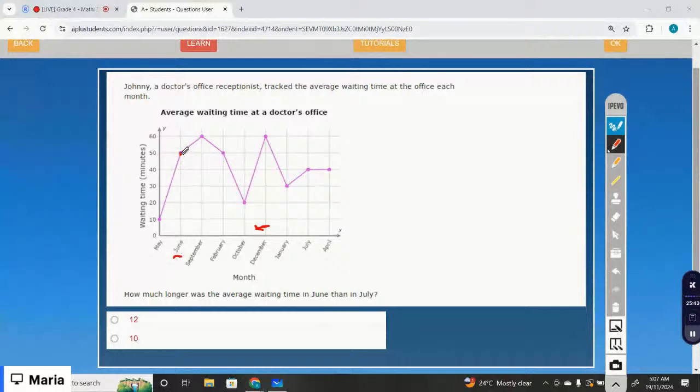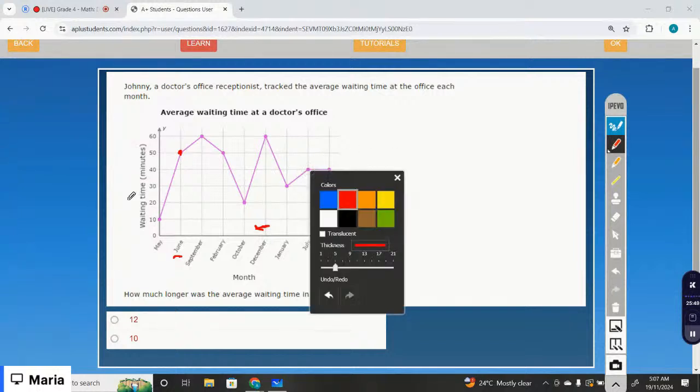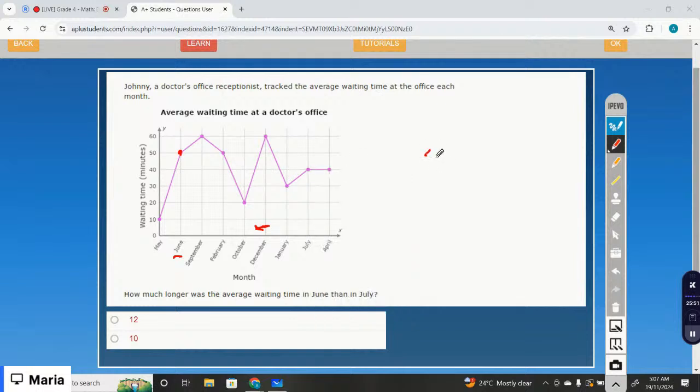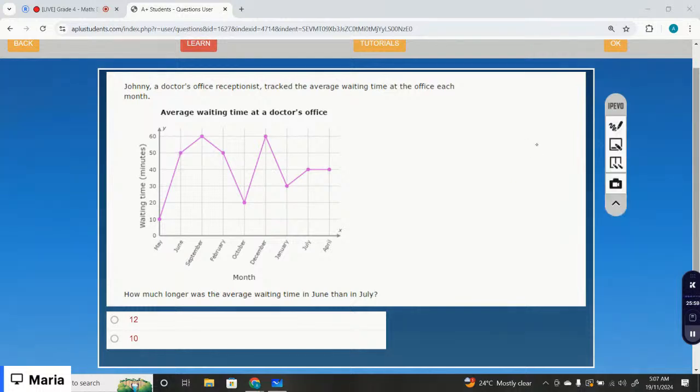In June, the waiting time is 50 minutes, and in July, that is 40 minutes. So, you need to see how longer it is in June than July. So, 50 minus 40 is 10 minutes. The correct option is option number two, that is 10.